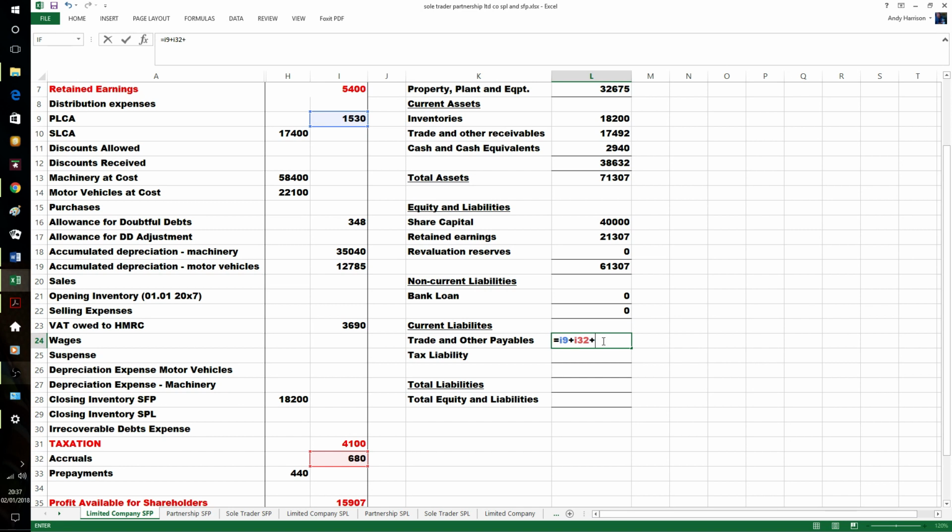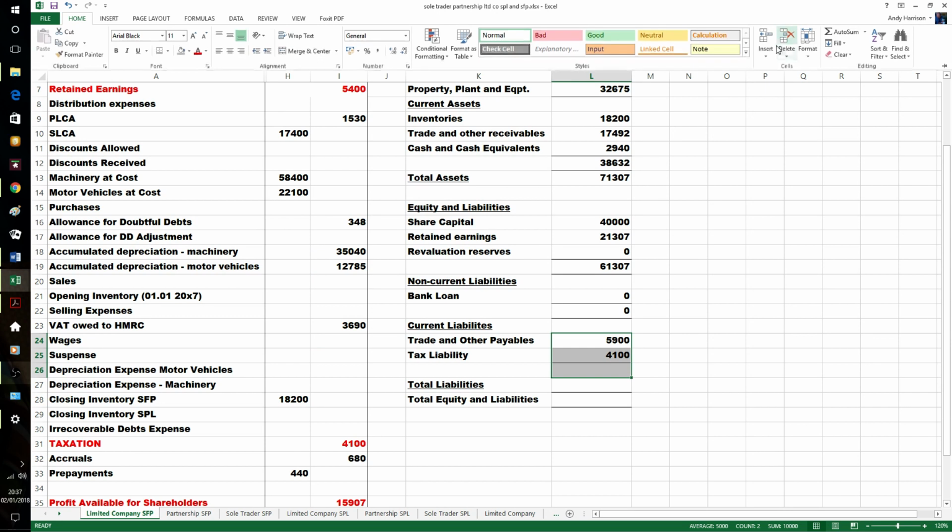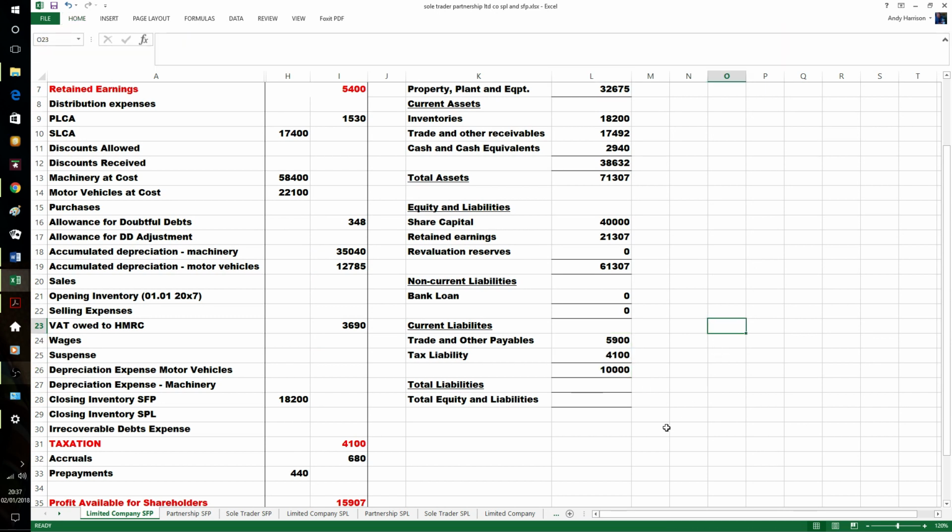I'm going to put it in here and just put corporation tax for tax liability. So it adds up to 10,000.